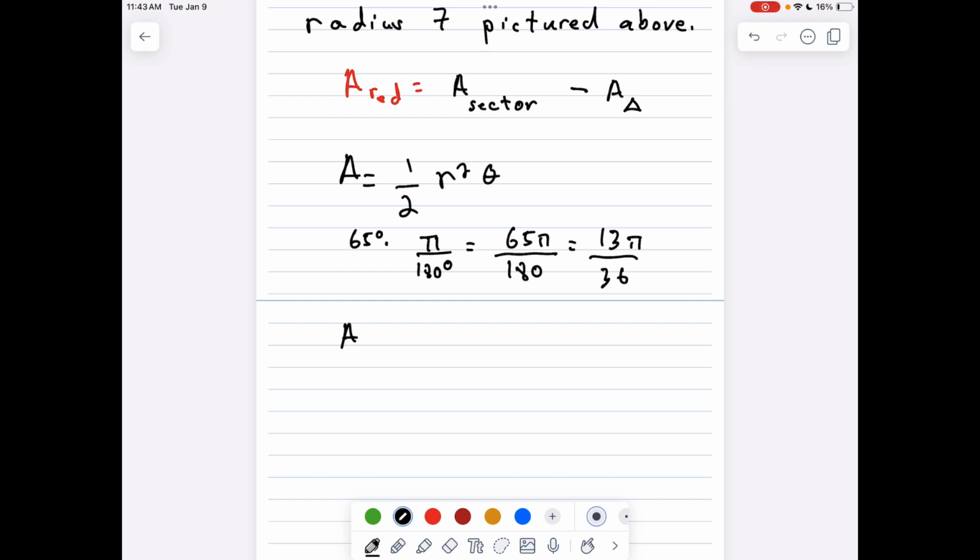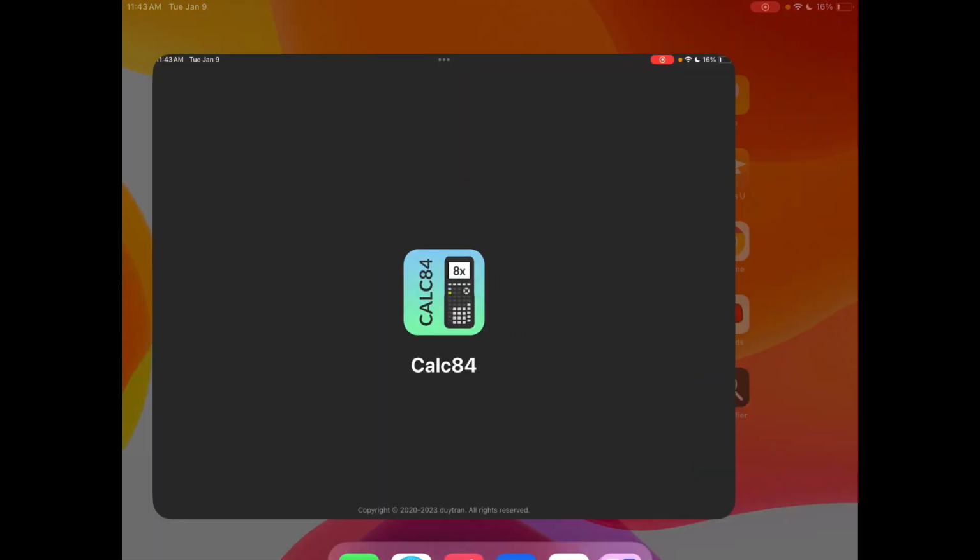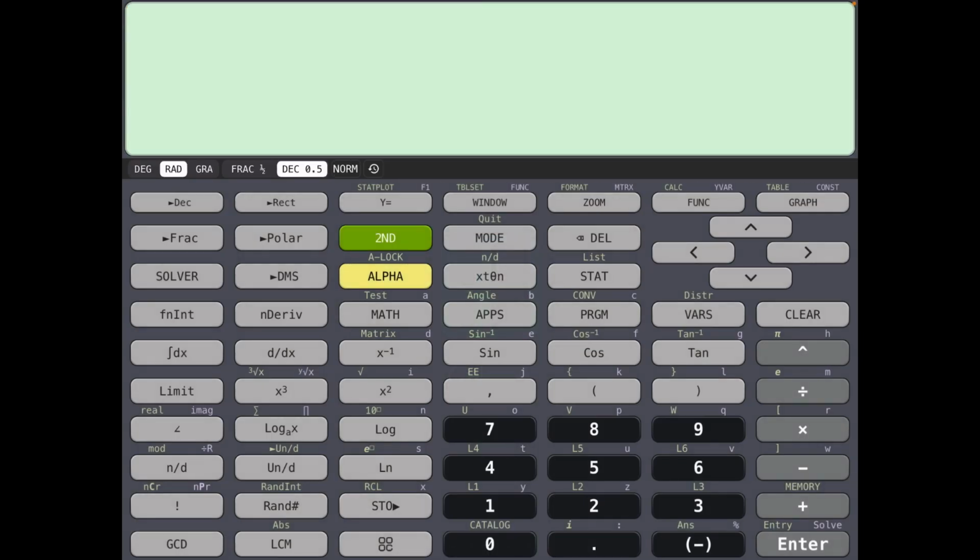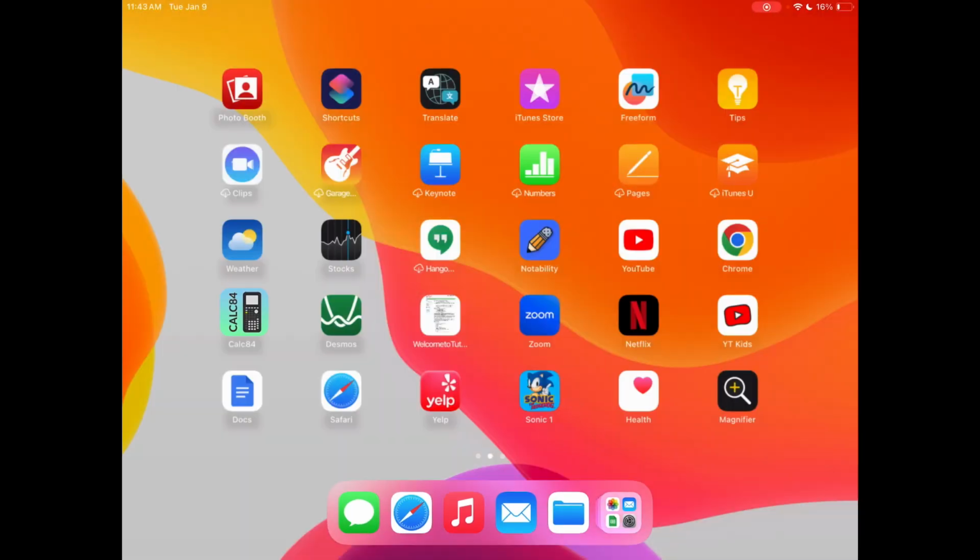So my area would be 1/2 times 7 squared times 13 pi over 36. So it'd be 49 over 2 times 13 pi over 36, which would come out to 72 in the denominator, pi, and then 49 times 13 gives us 637.